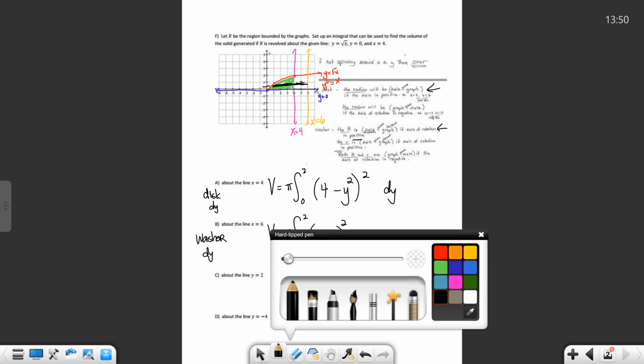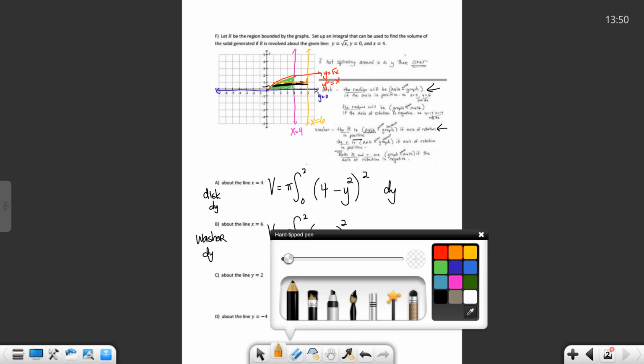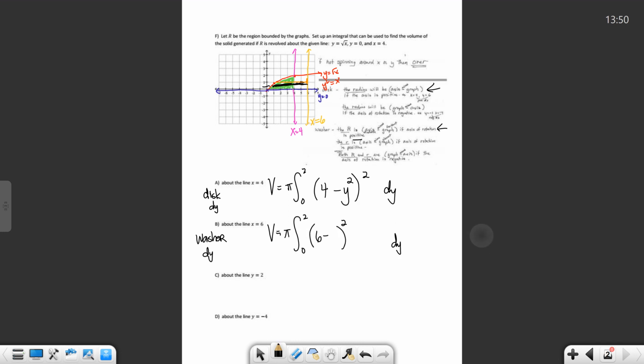Let's do orange. I'm spinning about this line right here. So it's axis minus the furthest away graph. If you look at it and think about it, the furthest away graph is the red one. So that is that y squared.